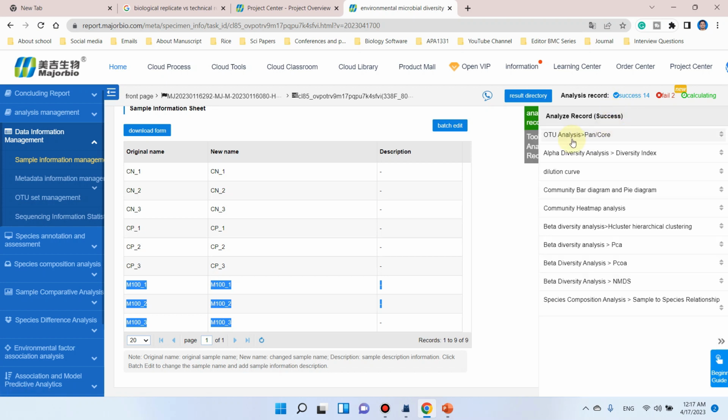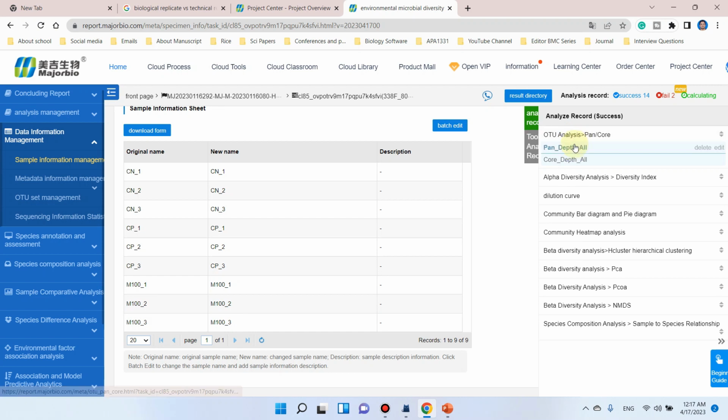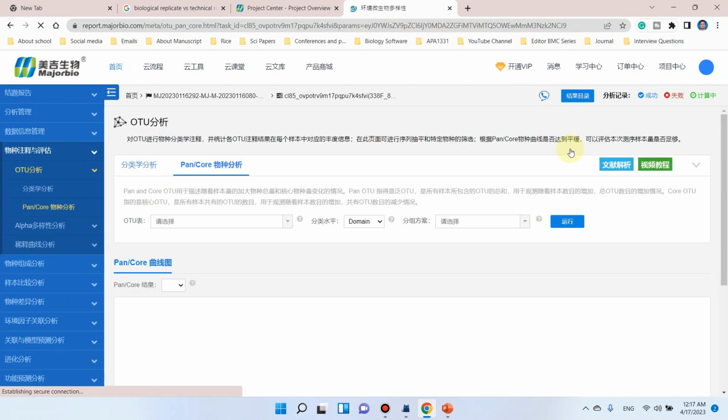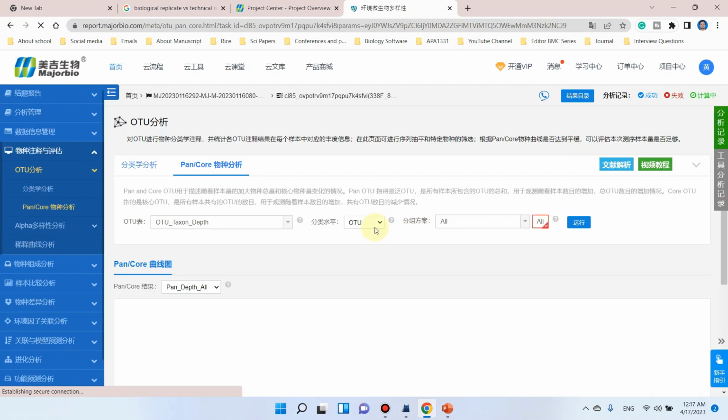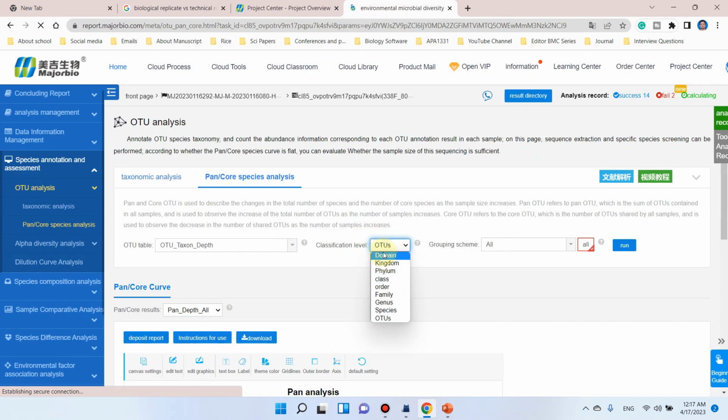We can go back here and click on this first OTU analysis. Before I go into the detail, let me show you what OTU is. Actually, OTU is a set of sequences which are closely related together. If we largely talk about the overall relationship, the largest is the domain.